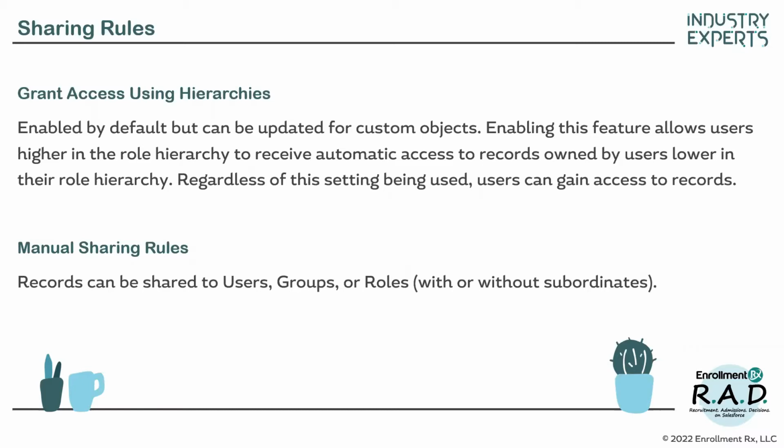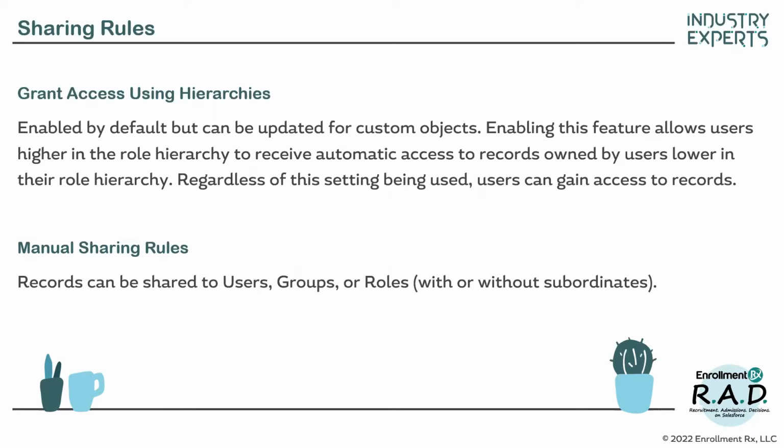Sharing rules can be leveraged to extend access any further beyond the access already granted by the role hierarchy. Sharing rules can be built off the record owner, or they can be built off criteria within the object to share with. If you're using owner-based sharing rules, you can use either a public group, a queue, or role to share with, either a public group or a role, with or without their subordinates.